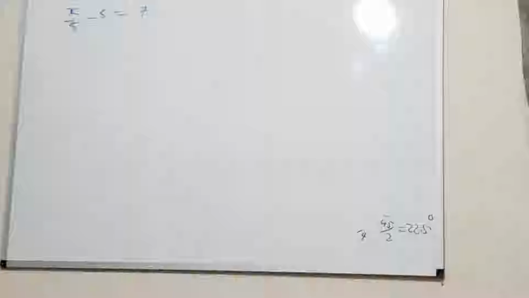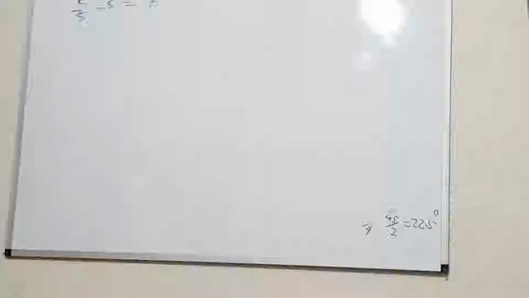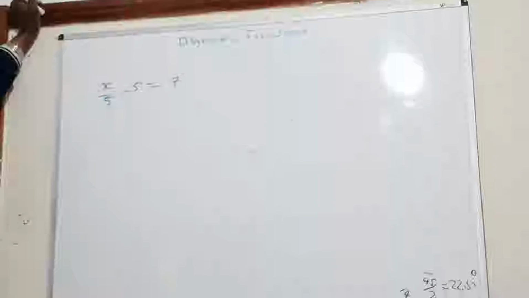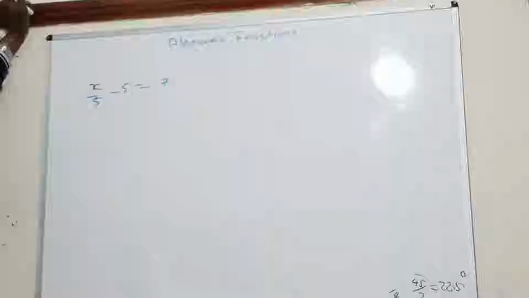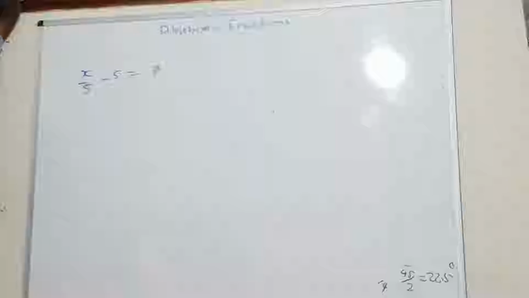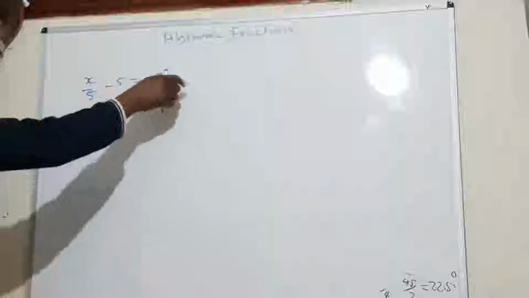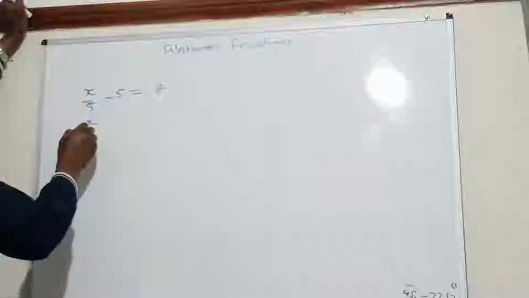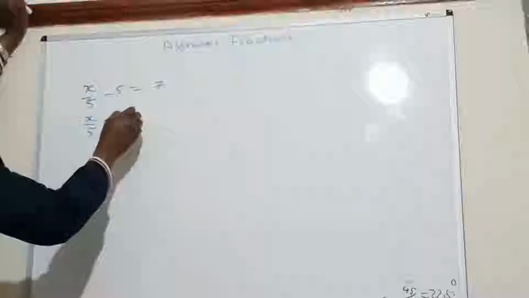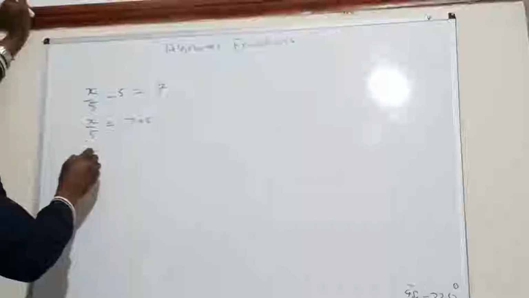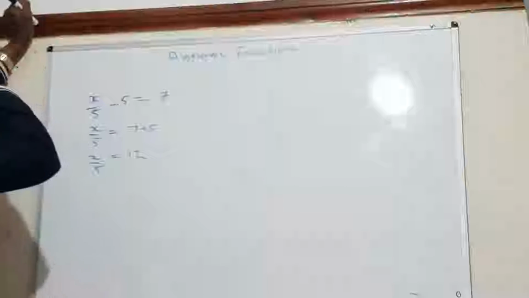Are we going to apply our cross multiplication? No. Why? Because there's minus 5 there. Exactly, so we have to manipulate it first. We move 5 over the equal sign, so you are left with x over 5 on one side and 7 plus 5 on the other. x over 5 is equal to 12.